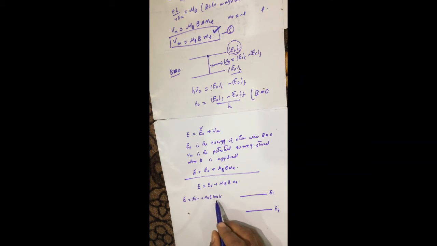This is the magnetic orbital quantum number for the highest energy level, and EF will be equal to E naught F plus mu B B MLF. EI is the energy of the higher energy level of the atom when B is applied, and EF is the energy of the lowest energy level of the atom when the magnetic field is applied.